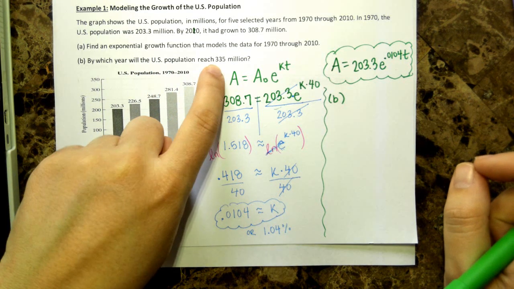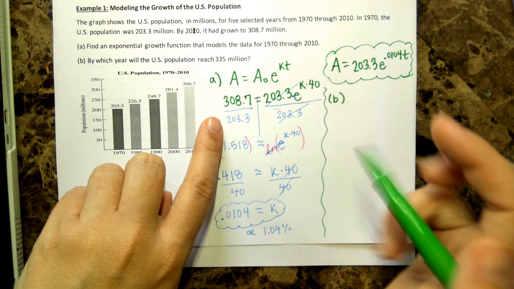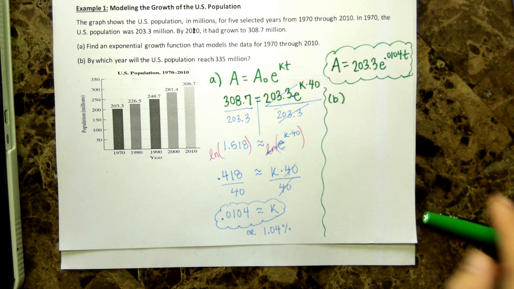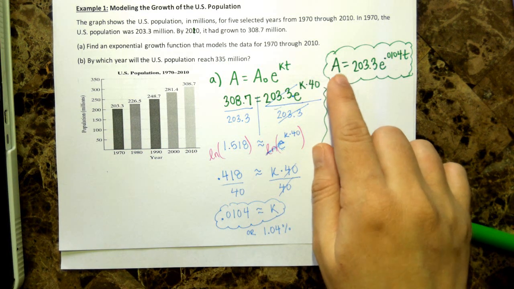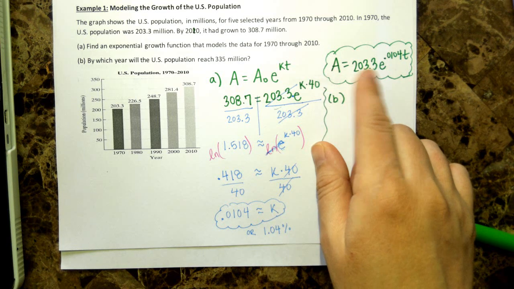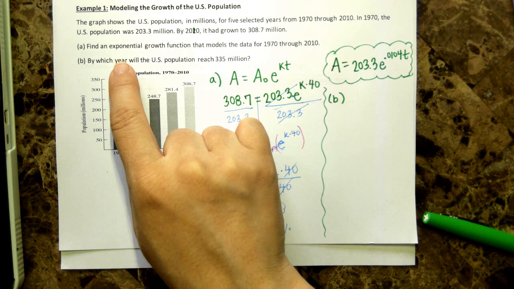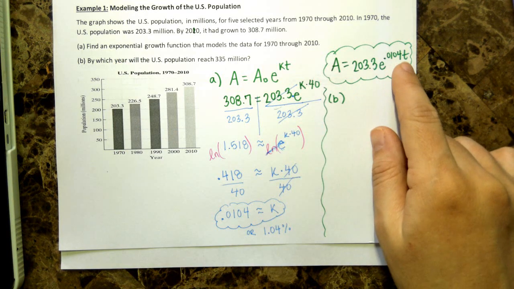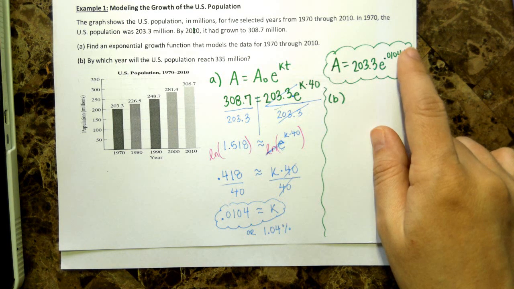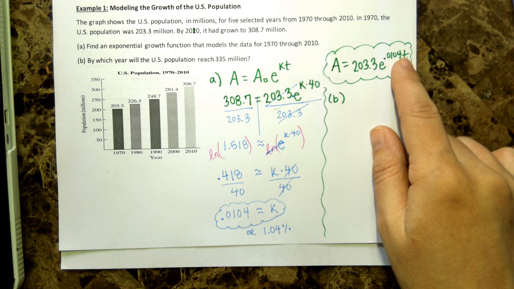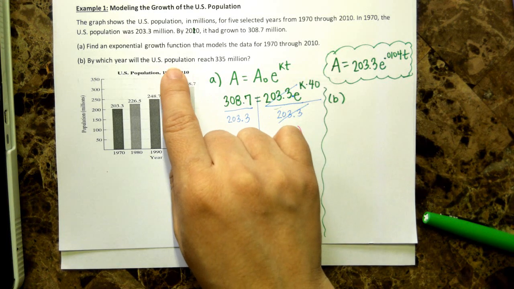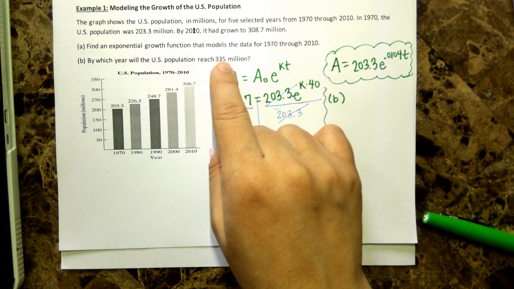Okay. All right, by which year will the U.S. population reach 335 million? Now, again, I do want to start with pretty much my function that we've already come up with, and we're trying to figure out by what year. So we are trying to figure out time. We don't know what time is in this case. How much time is going to have to pass by for our population to reach 335 million?